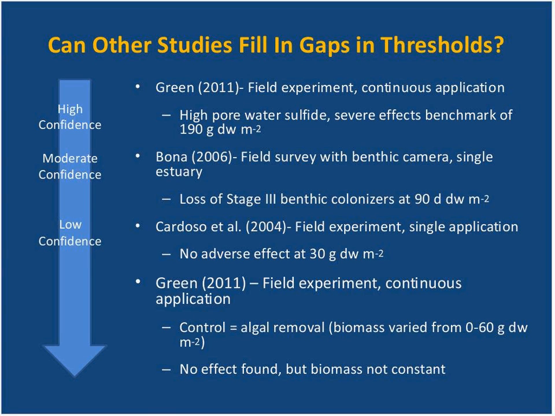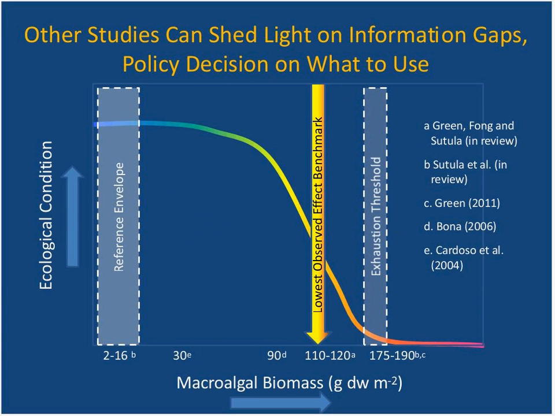What happened is that the algae was actually growing back, so when we went out to measure it again, what constituted a 60-gram treatment actually varied between 0 and 60 grams. They also found no effect. The problem, again, is that the biomass was not constant. Even though the study was a great study, the biomass was not constant, so we don't know for sure what that number means.